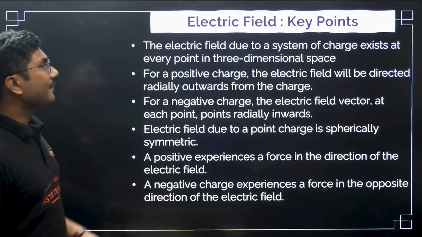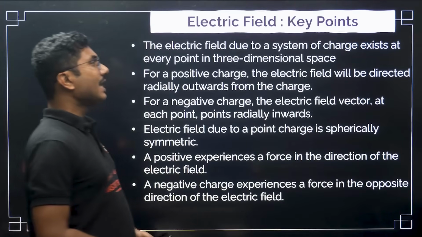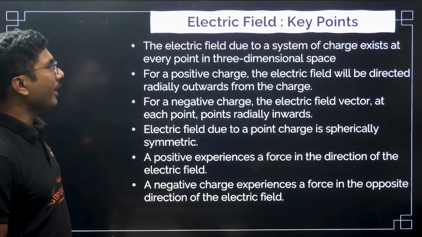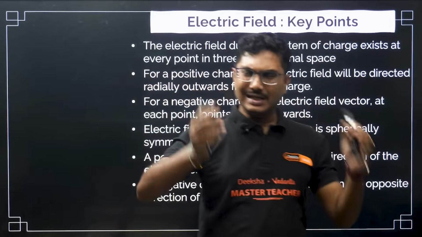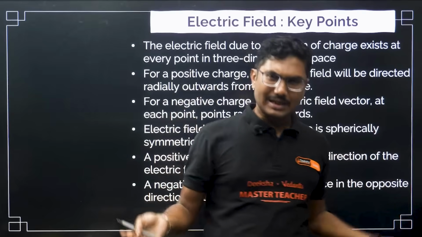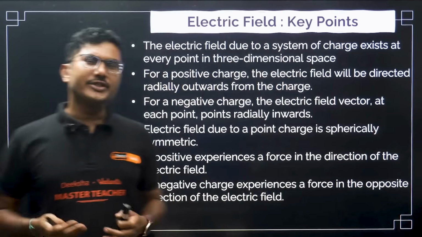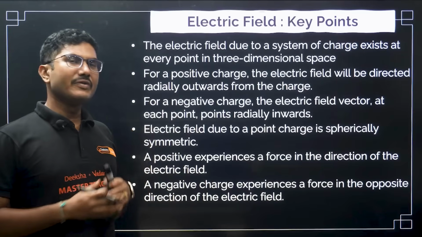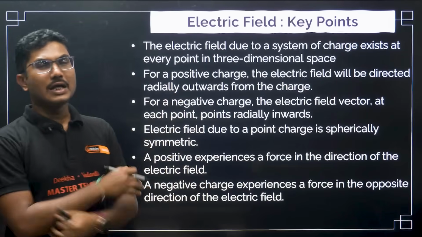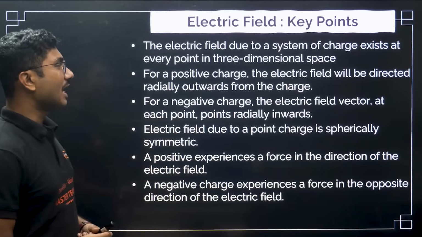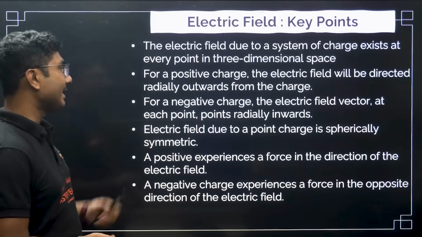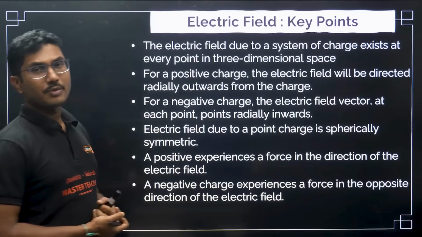Now the electric field due to a system of charges exists at every point in three-dimensional space. So if you have a system of charges, single charge, double charge, multiple charges, it does not matter. If it is a system of charges, the electric field will exist at all the points around in three-dimensional space. For a positive charge, the electric field will be directed radially outwards from the charge.